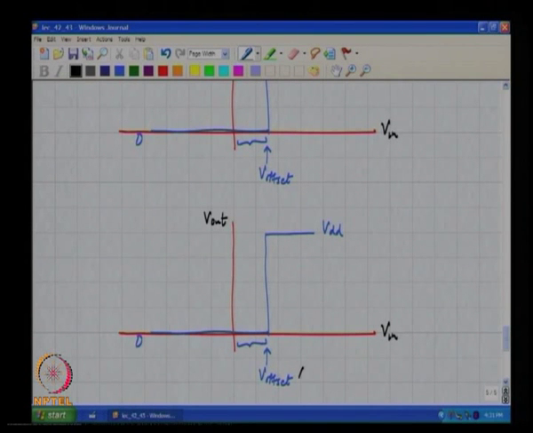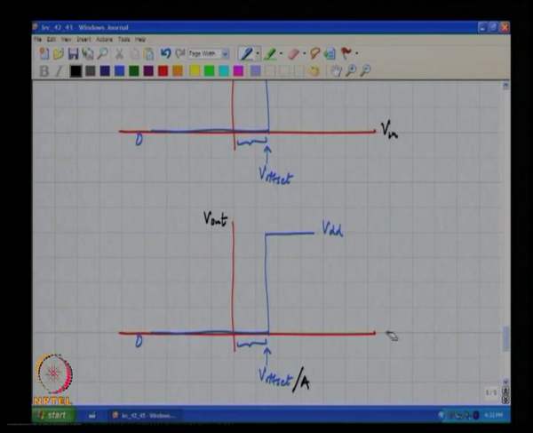So, let us say we want this where this offset has now been reduced by a large factor A. So, what do you think you can do?